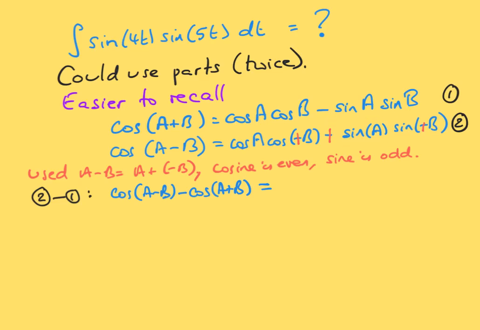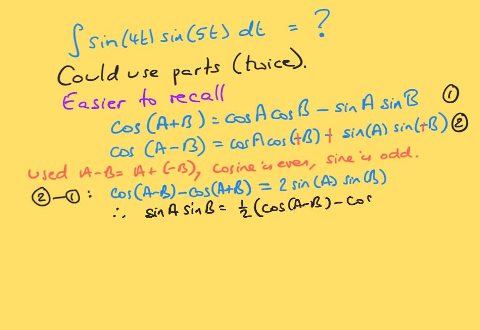So we're going to get 2 sine A sine B. So if we just swap the sides of the equations around and divide both sides by 2 to get rid of that, we obtain our key result, which is that sine of A times sine of B is 1/2, open brackets, because everything's divided by 2, cos of A minus B minus cos of A plus B, close brackets.